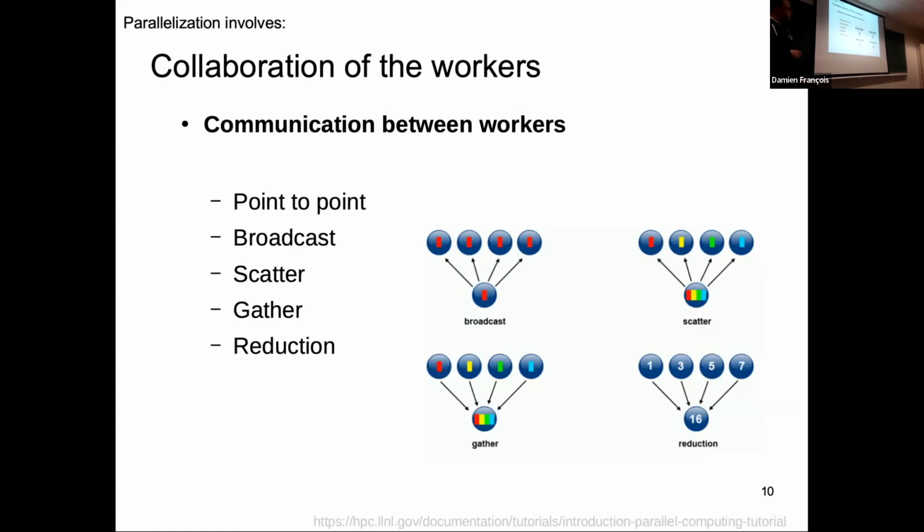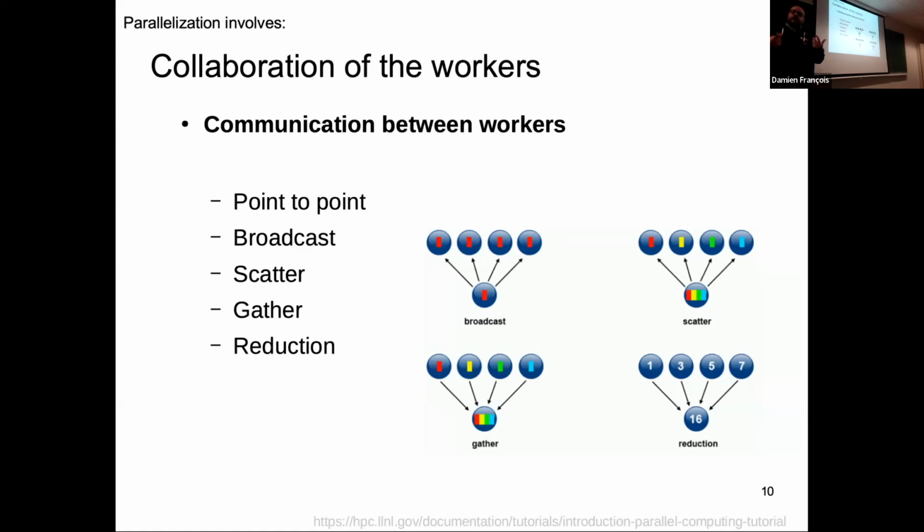You can broadcast the same information, or you can scatter information from one worker to multiple workers, or gather, which is the opposite operation. And a very important thing is the reduction, and you will see that in MPI and OpenMP, which is the fact of gathering information and at the same time performing an operation to summarize that information.